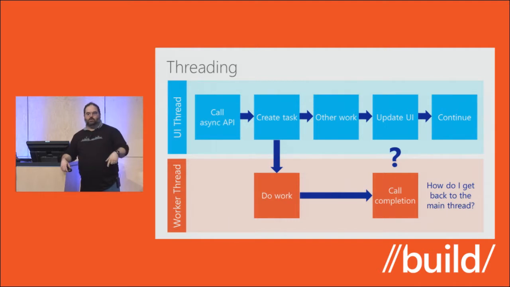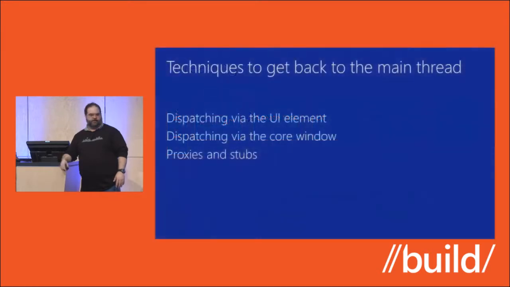It'll go away and do work on the worker thread. Meanwhile, the UI thread is going to do something different. Later on, you complete this activity in the component, and it needs to update the UI. And then the question becomes, how do I get back to the UI thread to get work done? So how do we do that?